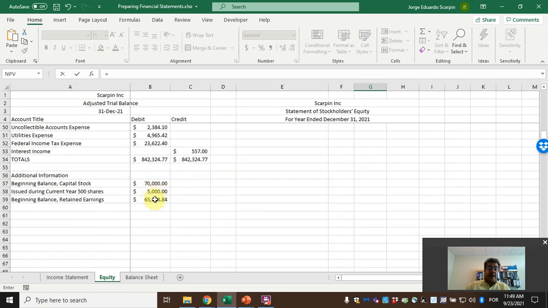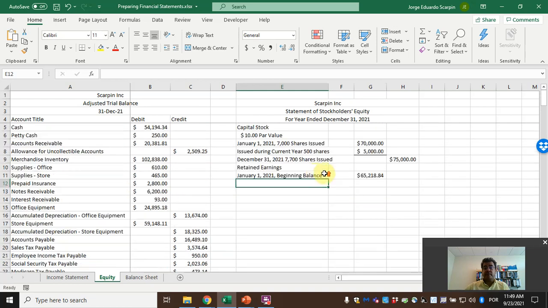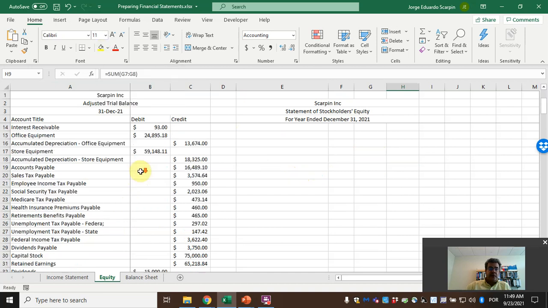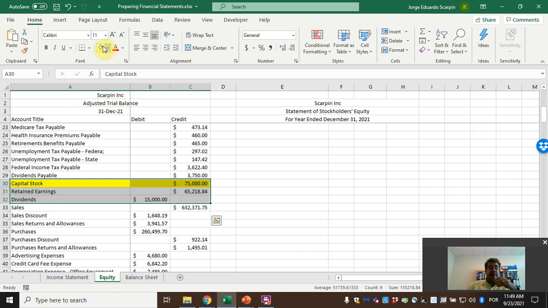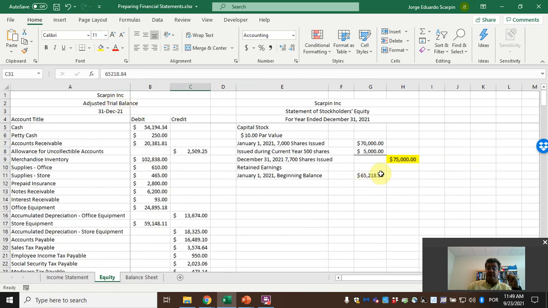We don't have it in our trial balance. So here, this December 31st, here, it is the info that we have here on capital stock. What other info do we need? Retained earnings, that is also the ending balance.